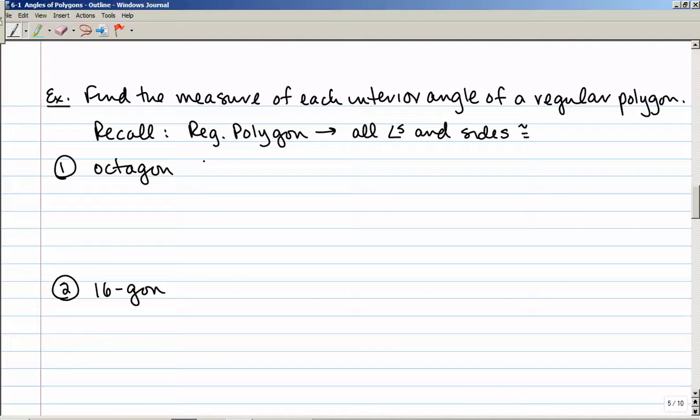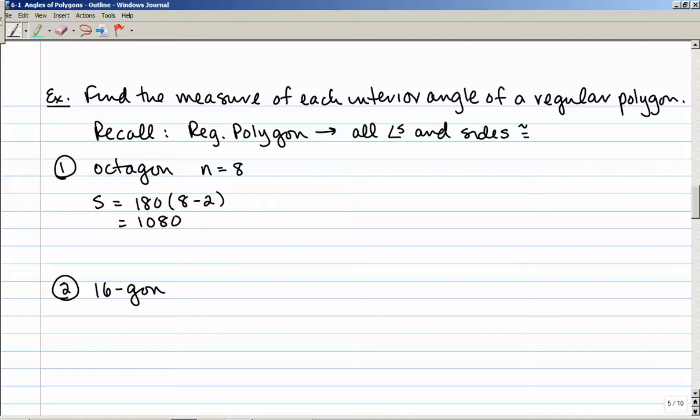The first thing I'd like to do is find the sum of the measures of the interior angles of a regular octagon. So n equals 8. So S equals 180 times (8 minus 2), or the sum of those angles is going to be 1080.